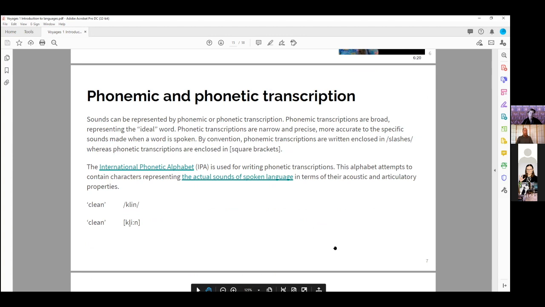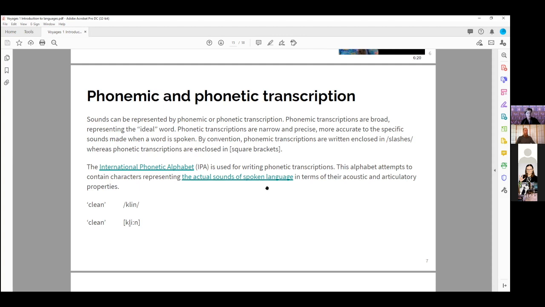Okay, so when we talk about transcription, we're trying to write down what we're actually hearing. You can write down the word itself, or you can write down the sounds, and then the sounds can be put together to create the word. So you can have a phonemic transcription or a phonetic transcription.